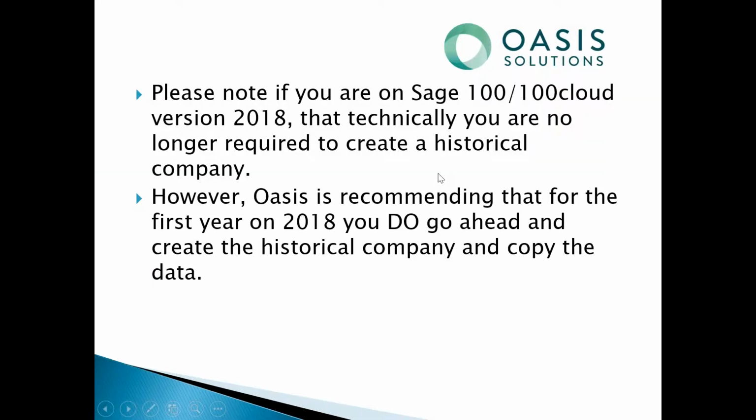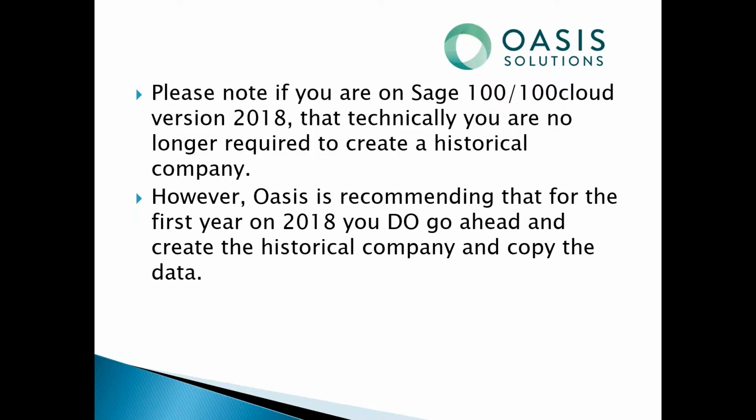Now, I said that you have to close that quarter if you're on a version prior to 2018. We do have a few payroll clients that have upgraded to the 2018 version. Technically, because of how the history is stored, you are not supposed to be required to create that historical company.